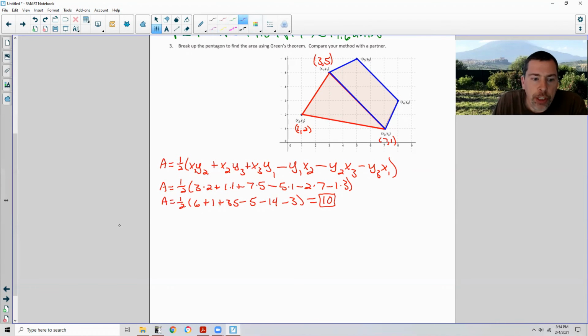Now we have to do the blue. Area equals 1/2 x sub 1 y sub 2 plus, it's the exact same equation here, but we're just adding one more to the end of each. Y sub 2, x sub 2.